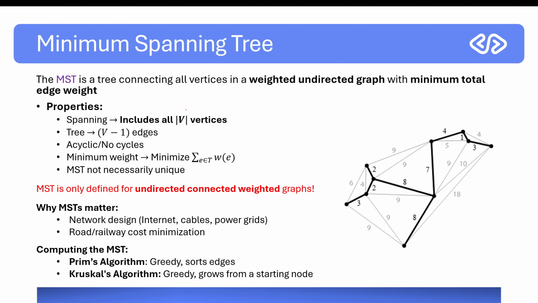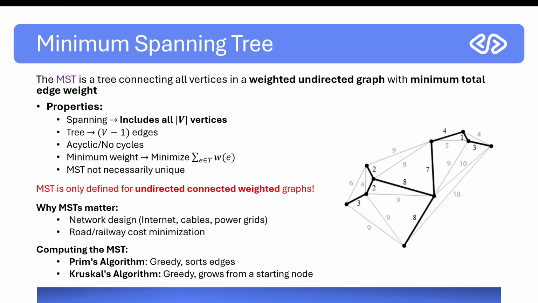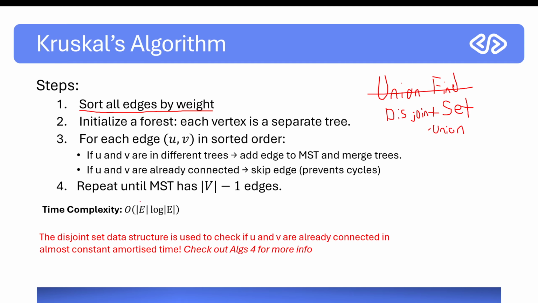And by the definition of the minimum spanning tree, we don't want any cycles. So that's why we skip there. Then we're just going to do this V minus 1 times, because that's how many edges the tree will have. And yeah, that's the algorithm.